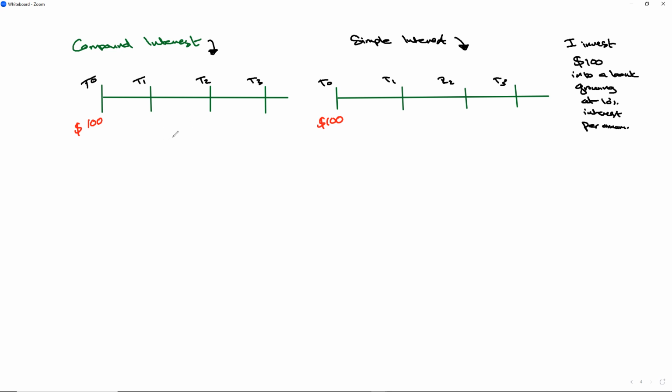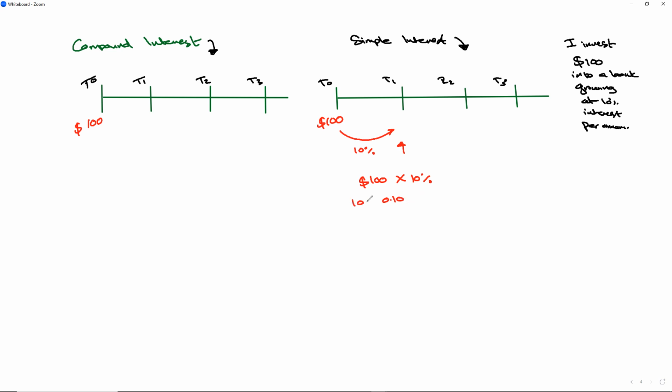Now what you'll notice is with simple interest, because the growth is 10%, I would take $100. So to calculate this amount over here, I would take $100 and I would multiply it by 10%. And so that will become 0.10, right?